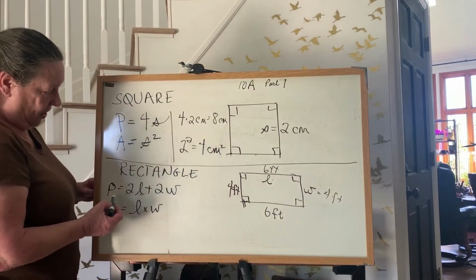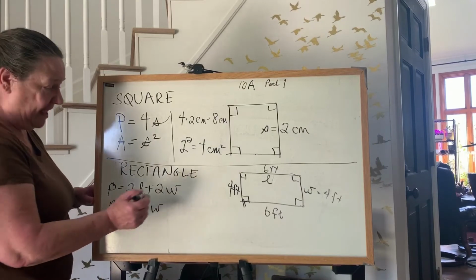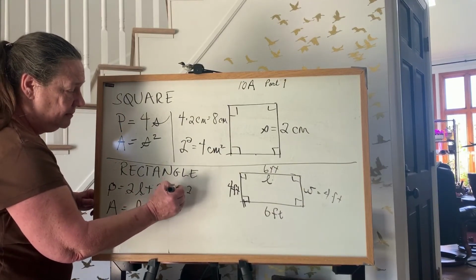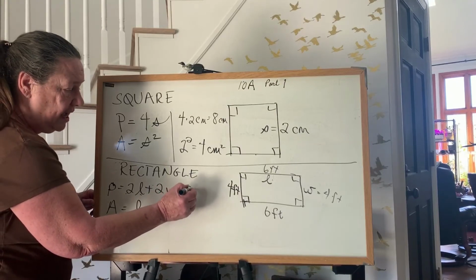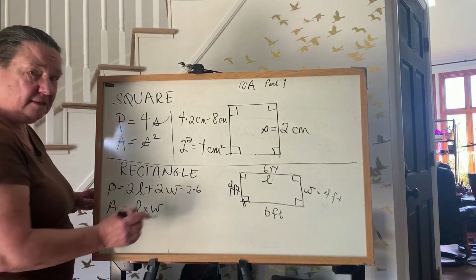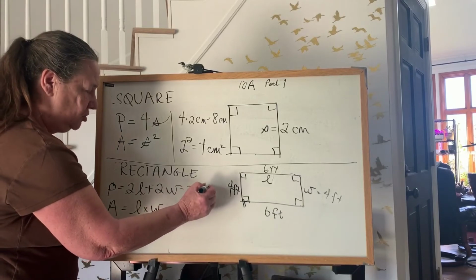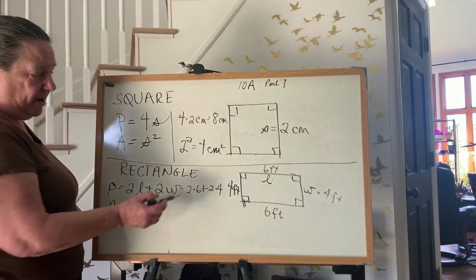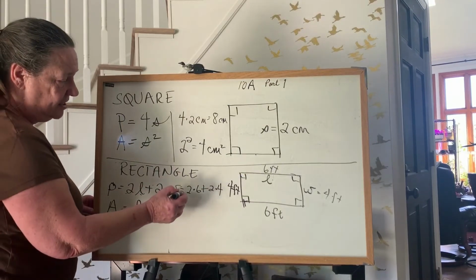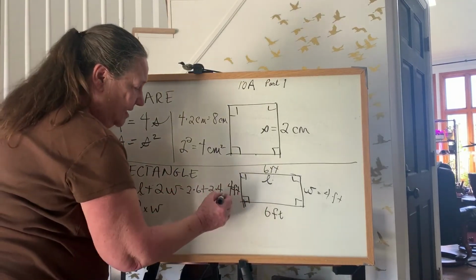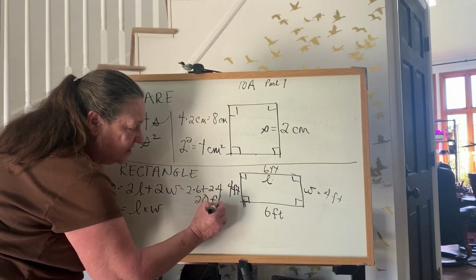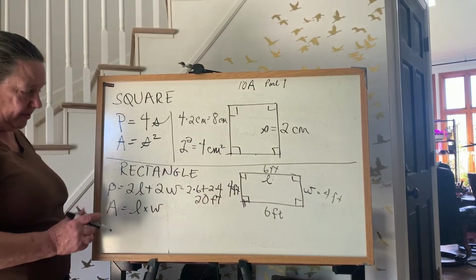Okay? So, to find the perimeter of that particular rectangle, we go 2 times 6 plus 2 times 4. 2 times 6 is 12. 2 times 4 is 8. 12 and 8 is, can I fit it in? 20 feet, singular unit.